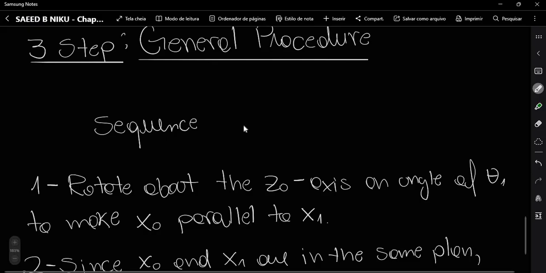And we need to do the sequence in the correct order.